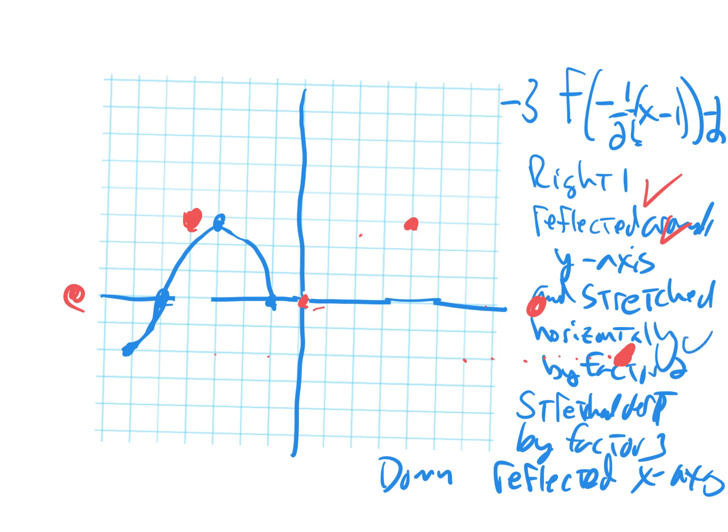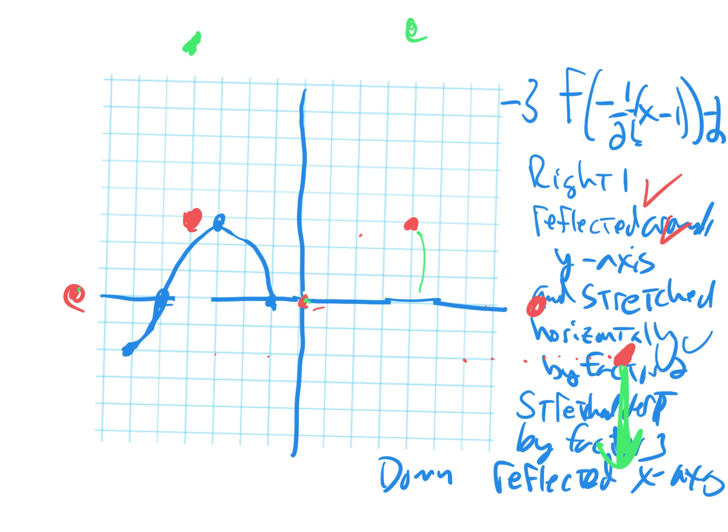This one's out here, on the stretch going down into the negative, down to negative 6. This is on the x-axis, so it stays. This stretches up to like 3, and when we multiply by 3, we have 9. This one stays put, it is on the x-axis. This one goes up to 9 also. This is on the x-axis.